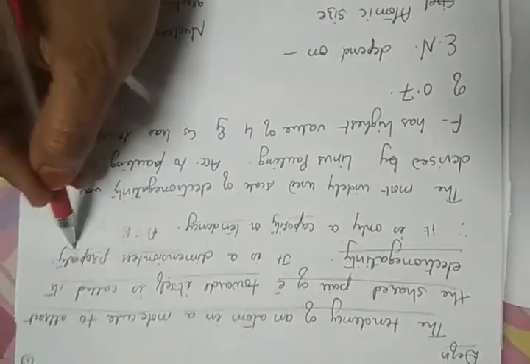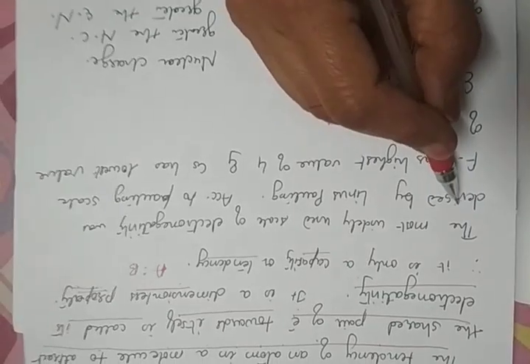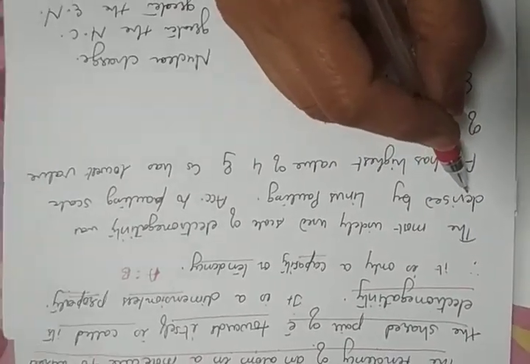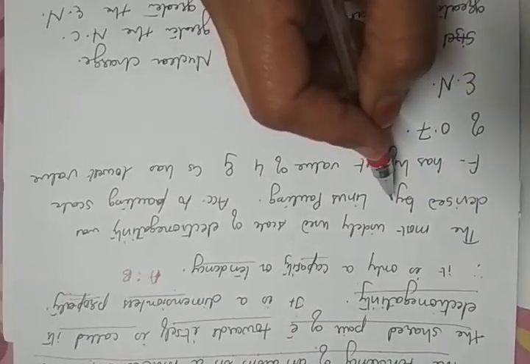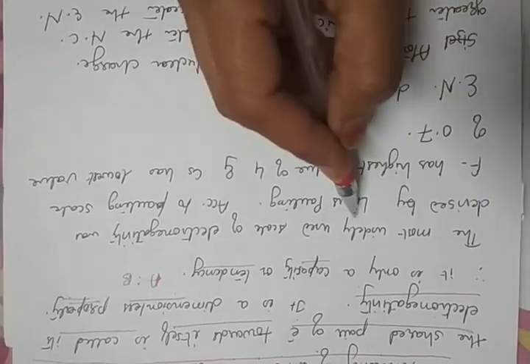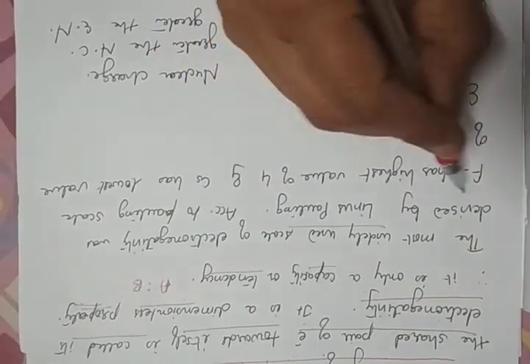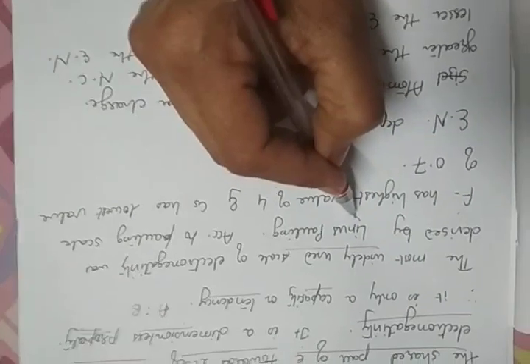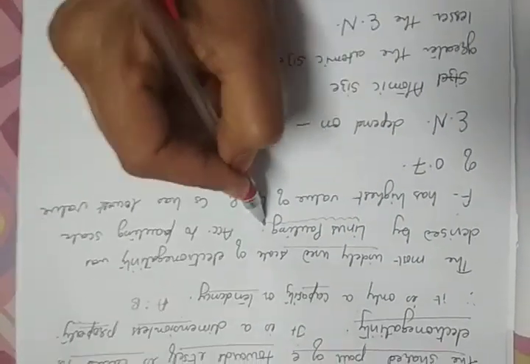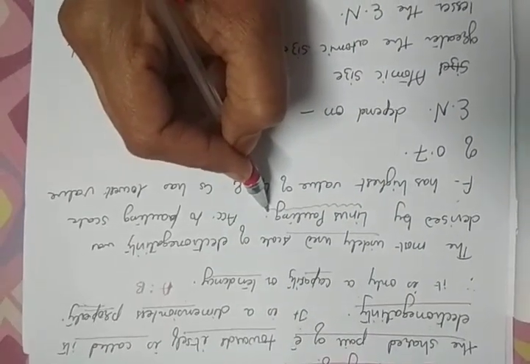Therefore it is dimensionless. Many scales were there to measure electronegativity, but the most widely used scale was devised by the scientist Linus Pauling, which is called the Pauling scale.